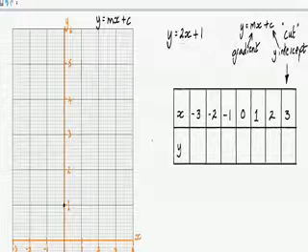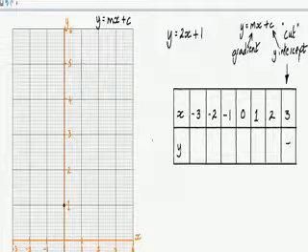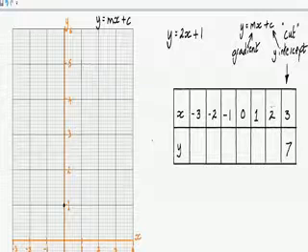So 2 lots of 3 is 6, plus 1 is 7. Now we go to the next number, 2. So x is worth 2. So 2x will be 2 lots of 2, which is 4, plus 1 is 5.